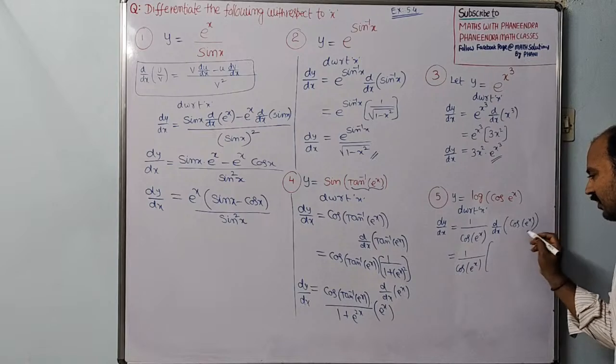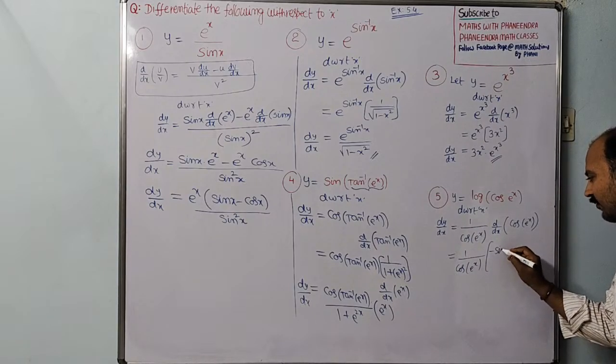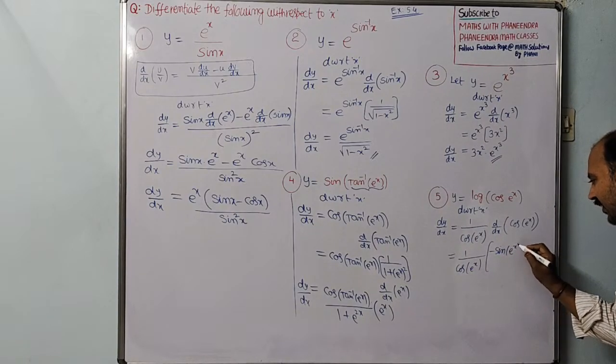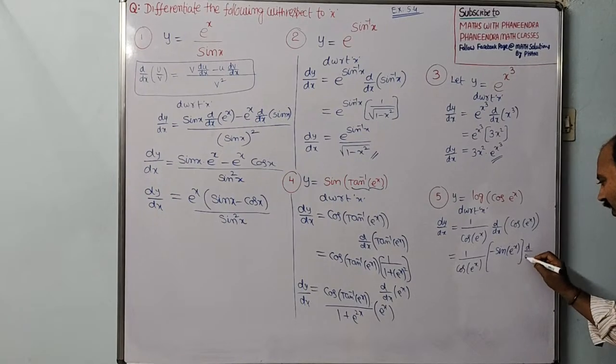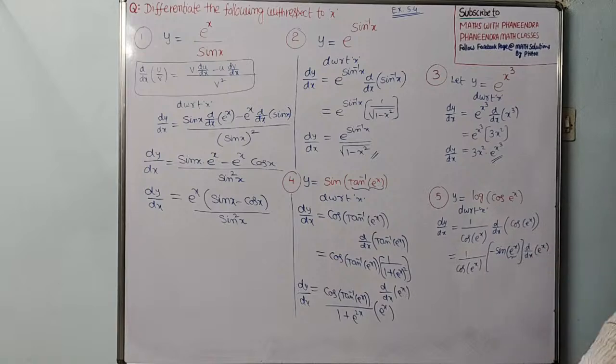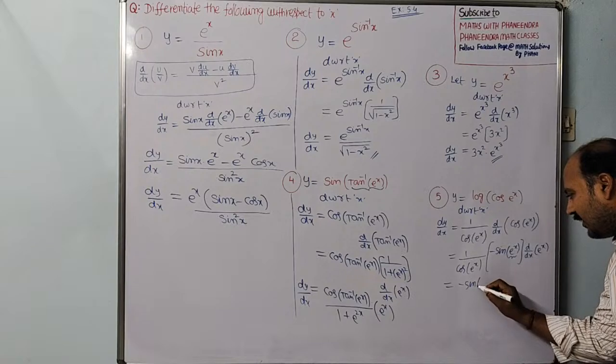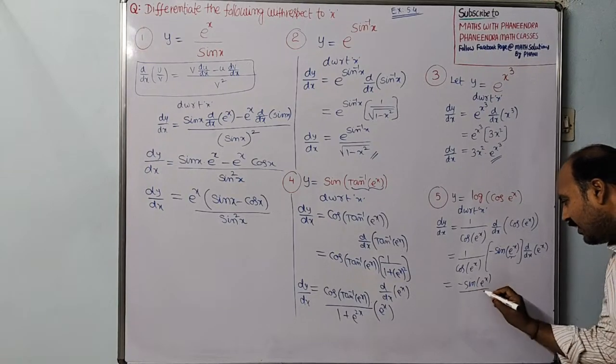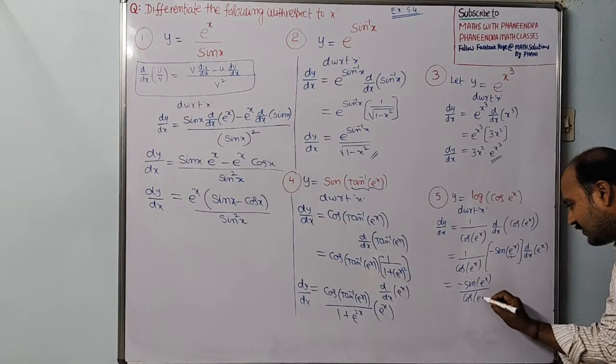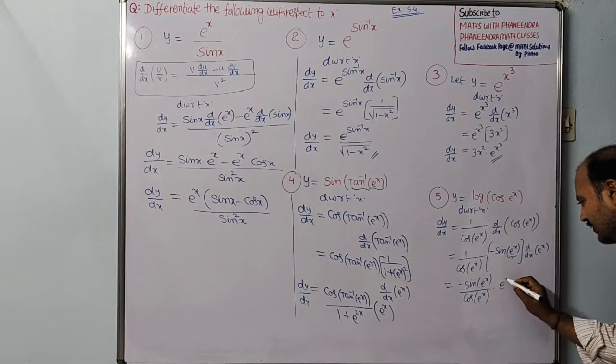D by dx of cos of e power x is minus sin of e power x into d by dx of whatever the function involved in that. Again we have to differentiate. So which is equal to minus sin of e power x divided by cos of e power x into d by dx of e power x is what?